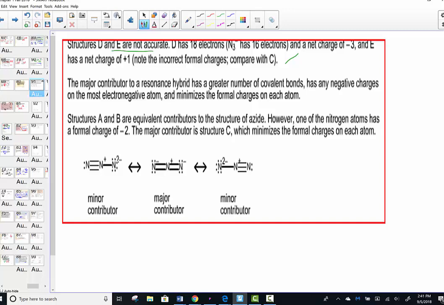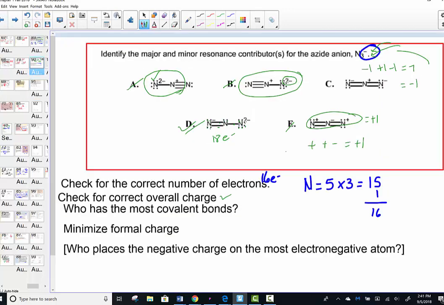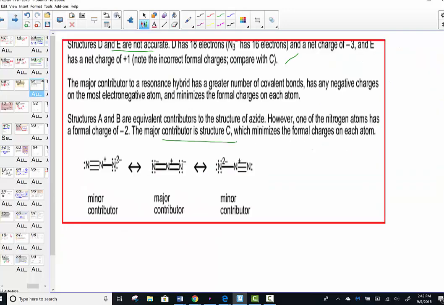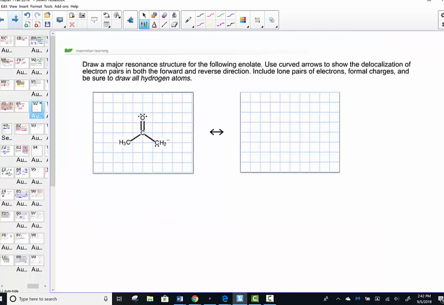So we said the major contributor, based on many factors, was structure C. And we agreed with that. And I kind of talked through the logic of how we could eliminate some quite readily. That's the skill level we're looking to obtain with the term resonance. What is the most stable configuration based on a series of questions?